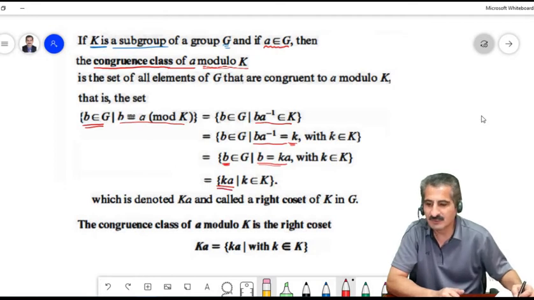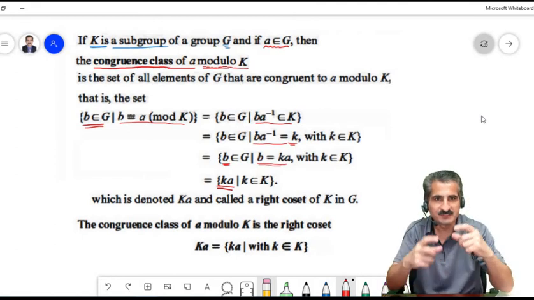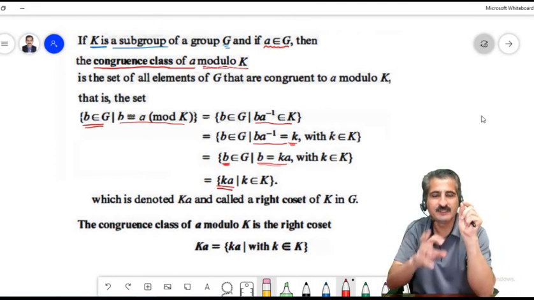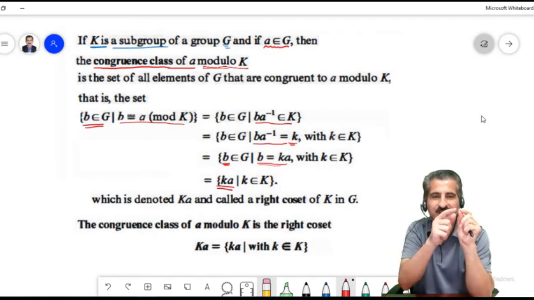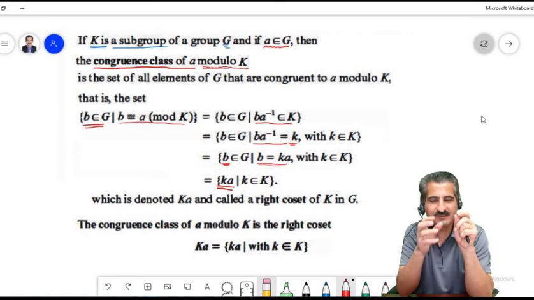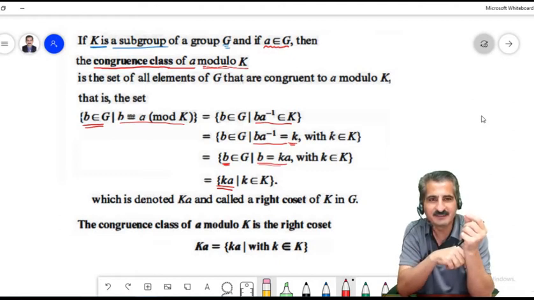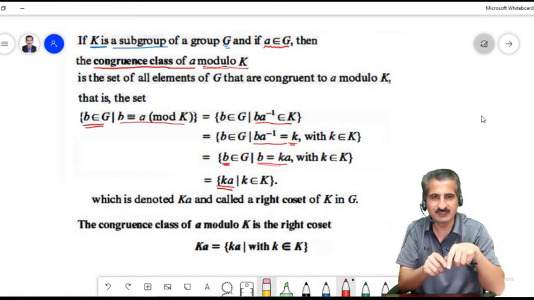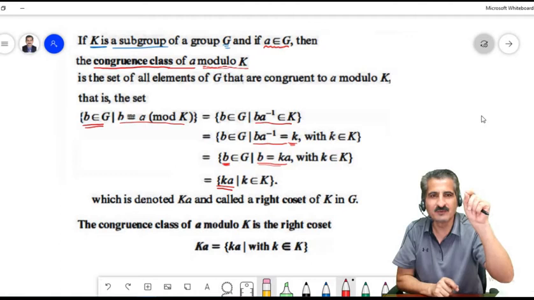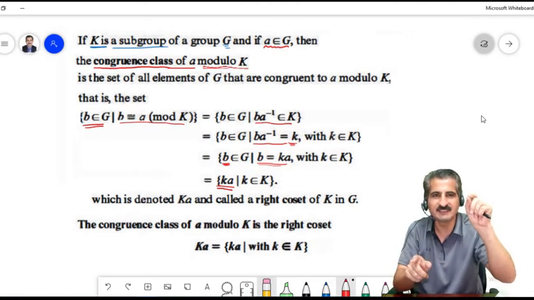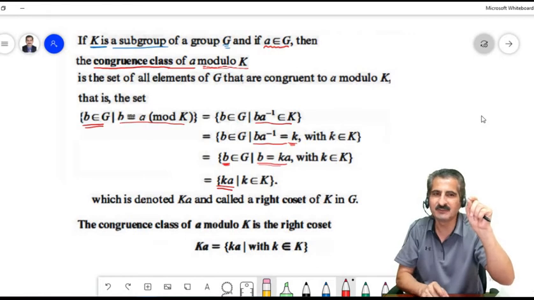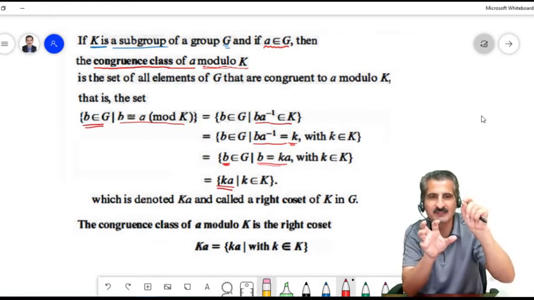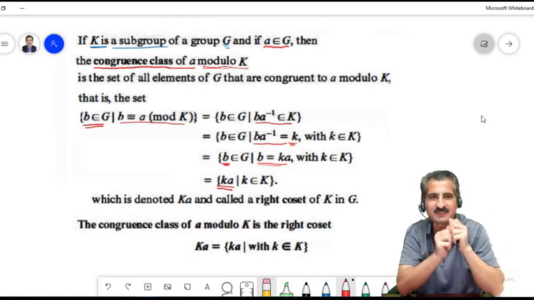So again, I have a group, a subgroup K, and an element A. And I collected all elements that are congruent to A. Surprisingly, after this collection, the set came out to be simply the subgroup K multiplied by the element A. So in the group G, for one element A, if I want all elements in G that are congruent to A, I simply take all elements in K and multiply them by A. Then I get that set, the congruence class.